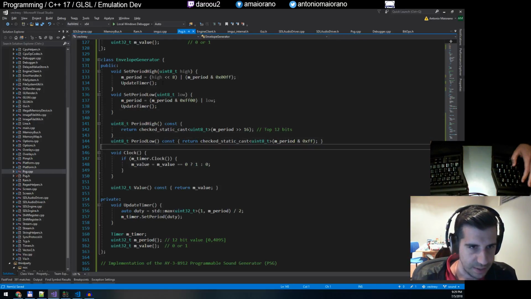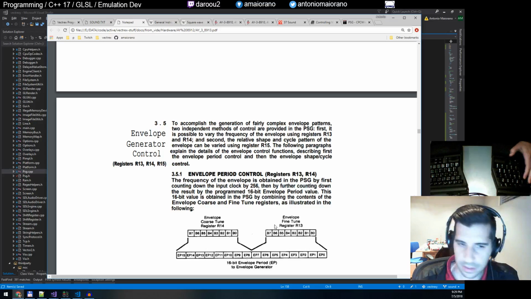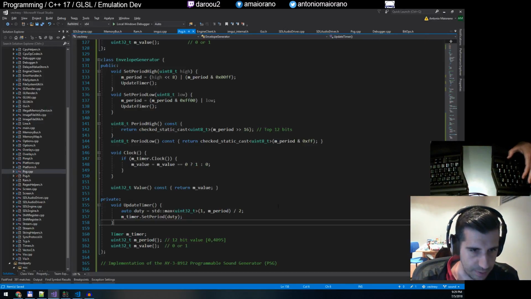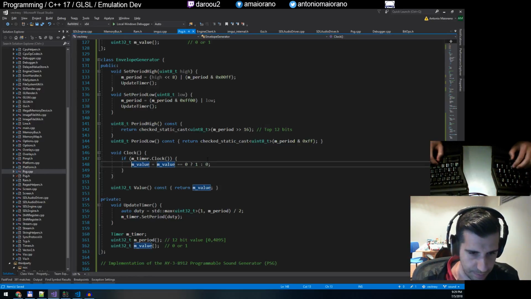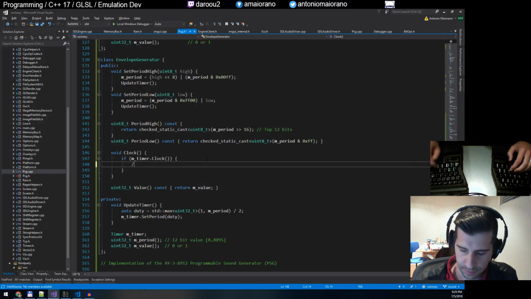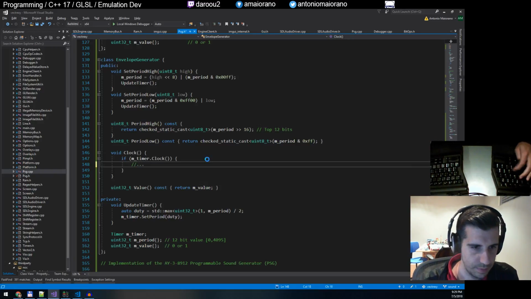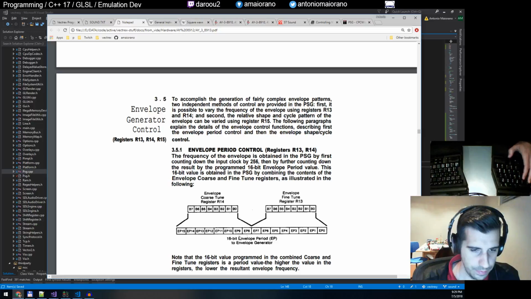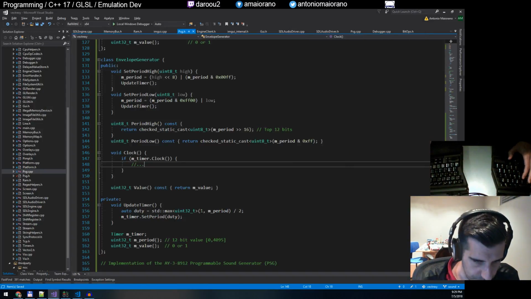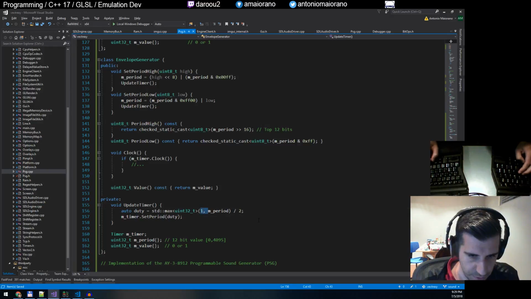All right, and that's pretty much all the same here. Now, of course, this is not going to be the same. Also, we're not going to set the period to a duty value.